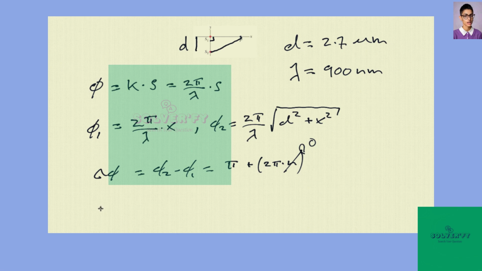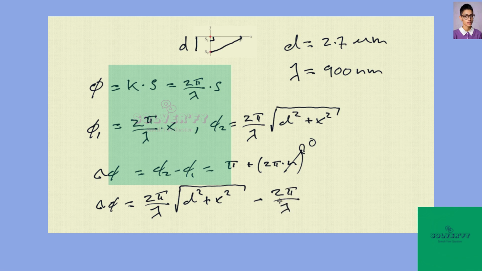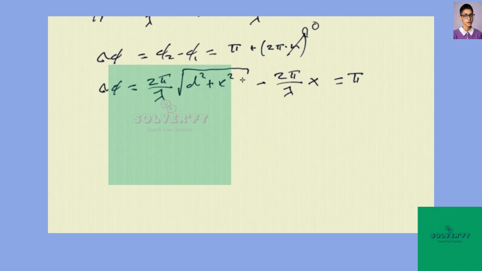All right, so now let's plug in. Delta phi equals phi 2, which is 2 pi over lambda times the square root of d squared plus x squared, minus phi 1, which is 2 pi over lambda times x. And this has to equal pi. I'm going to put everything that's not in the square root on the other side.